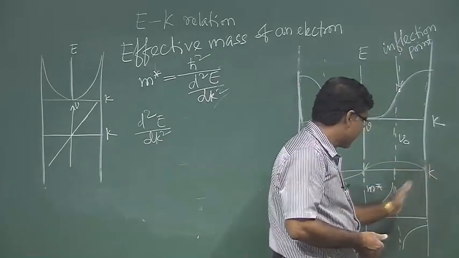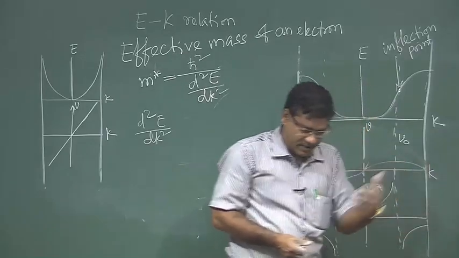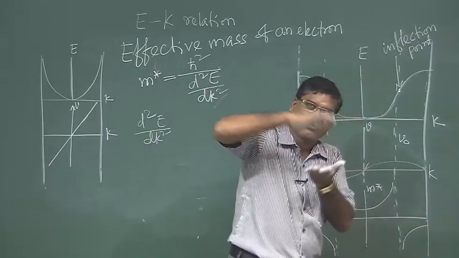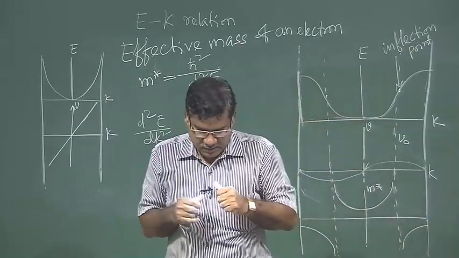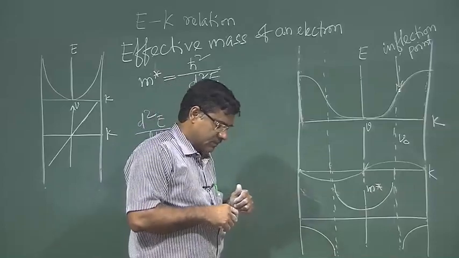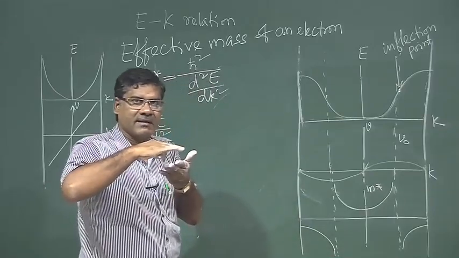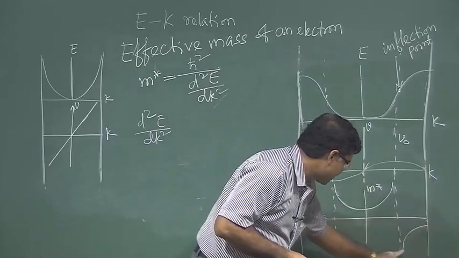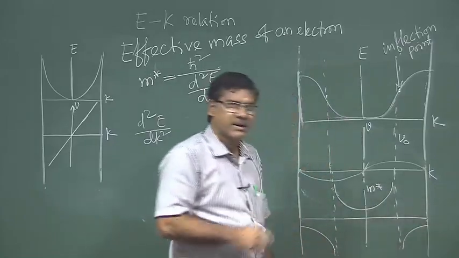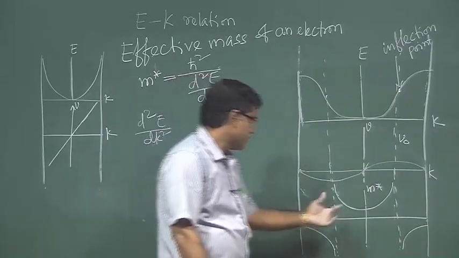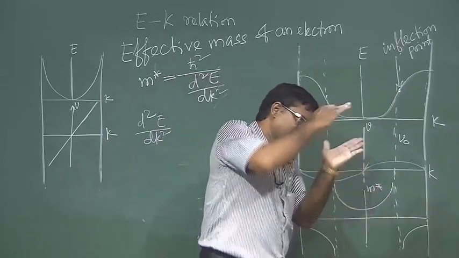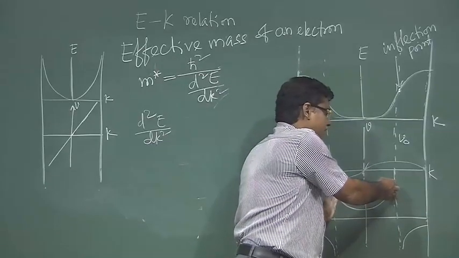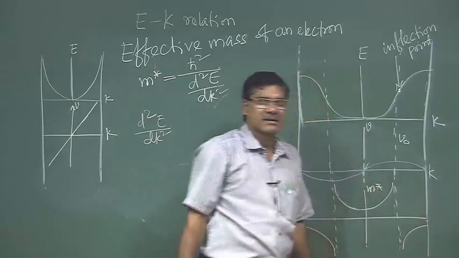At the edge of the band, at the top level energy levels of the band, this mass is negative, right, but in the middle of the band this mass is positive, at the edge it is negative.